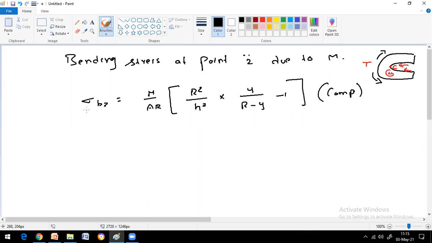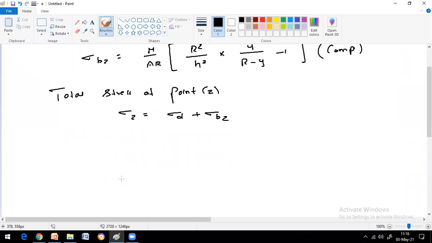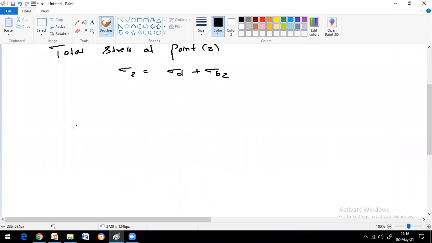Next, let's see what is the total stress at point 2. Sigma 2 is equal to sigma d plus sigma b2. What is sigma d? Which is the direct stress. What is sigma 2? Sigma 2 was given in the problem as 200.